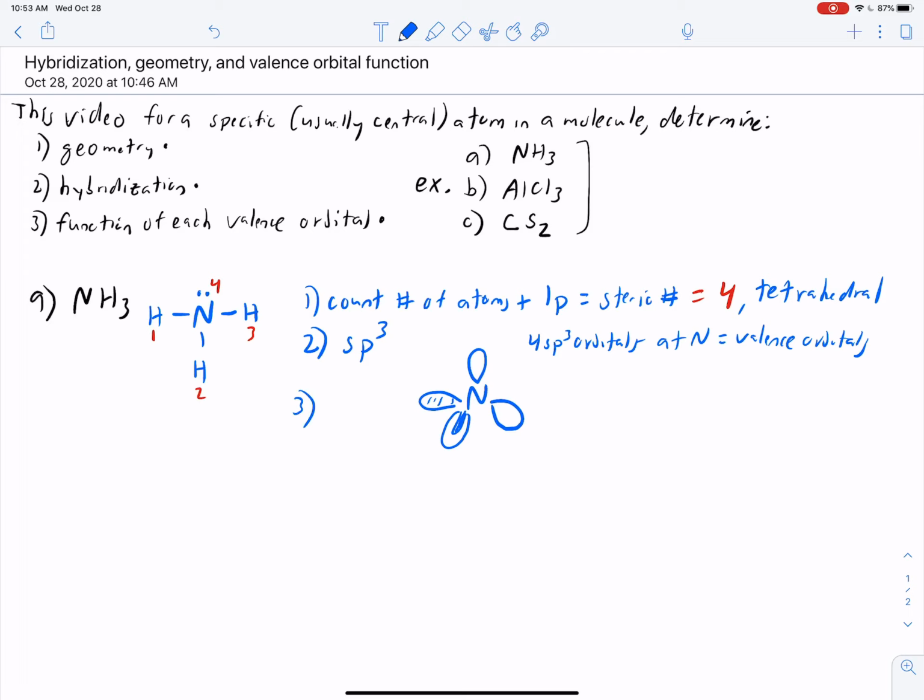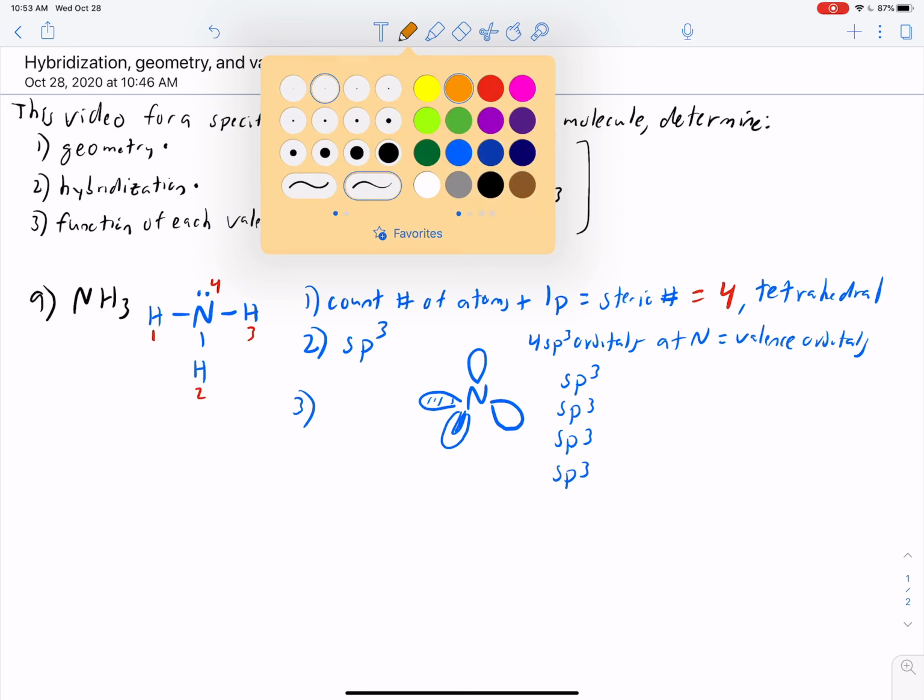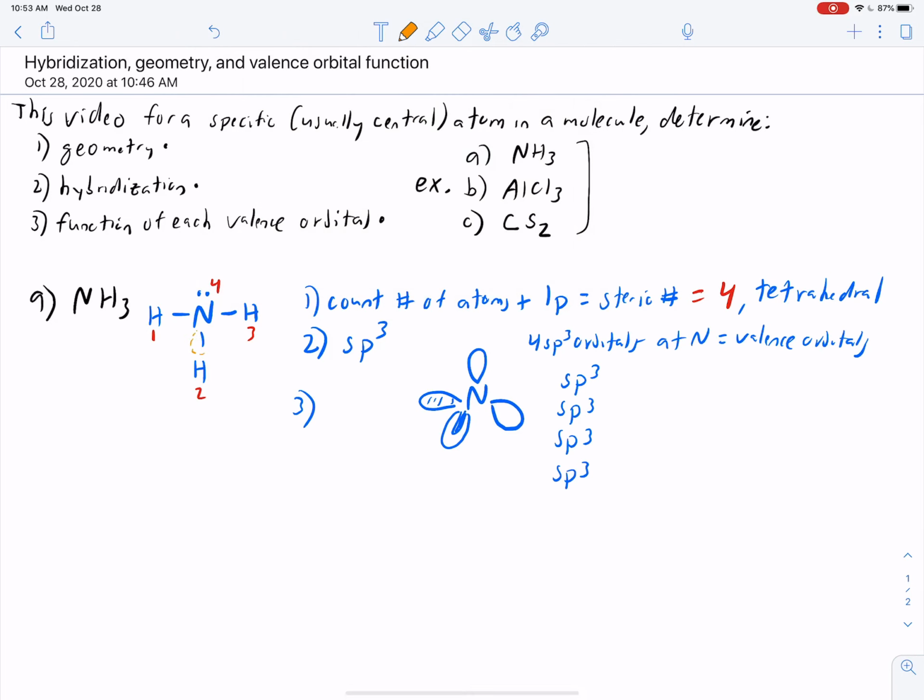So the question is, what is each of those valence orbitals doing? To answer this, I generally like to just say, all right, if I've got 4 of them, I'm just going to write, well, I've got sp3 orbital number 1, sp3 orbital number 2, sp3 orbital number 3, sp3 orbital number 4. I've got 4 orbitals I've got to assign. What are they all doing? And I know that I have these bonds between N and H, these single bonds, these sigma bonds.